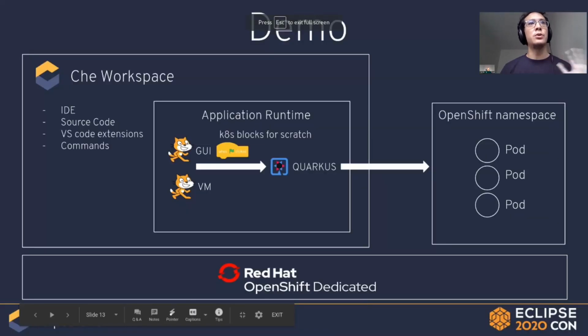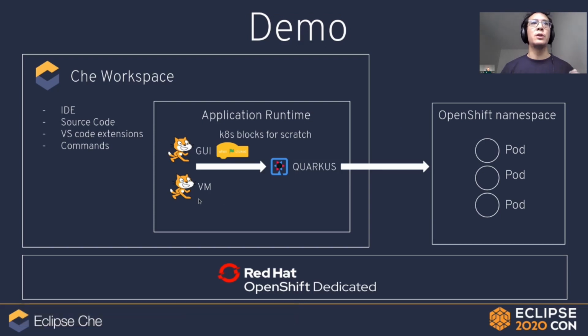To create a new category of blocks in Scratch, you have to check out two projects. Scratch GUI, which is actually the UI that you have seen just previously, and Scratch VM, which is the engine that will execute the blocks when you have your game or your program written.